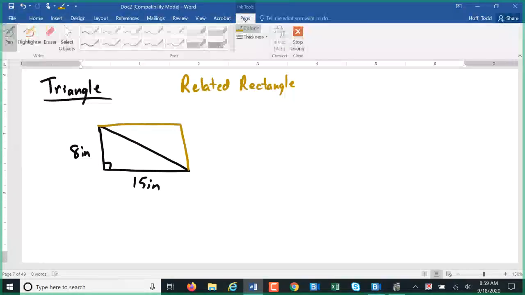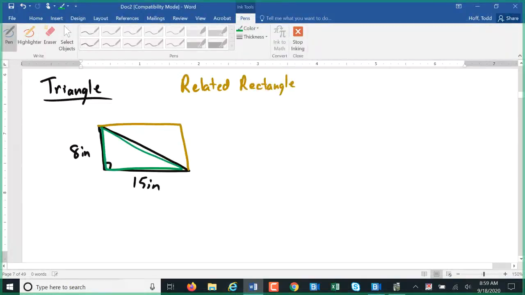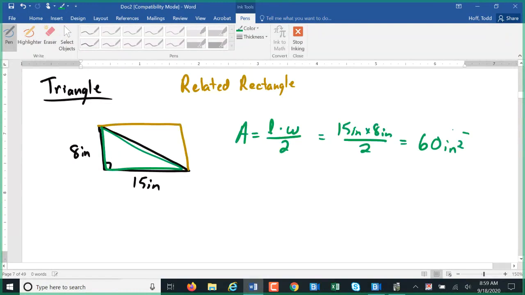In fact, we can see that it's exactly half of that rectangle. So the area of a triangle is length times width, the area of the related rectangle, divided by 2. So here it's going to be 15 inches times 8 inches divided by 2, or 60 square inches.